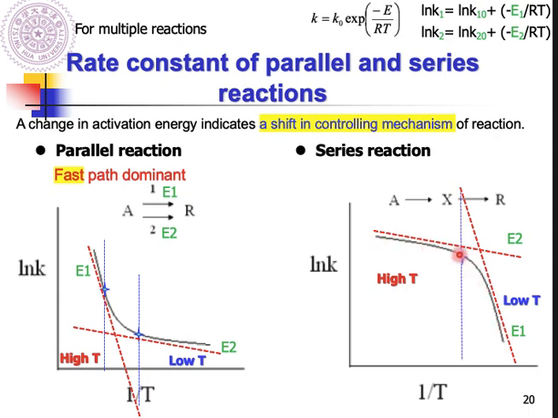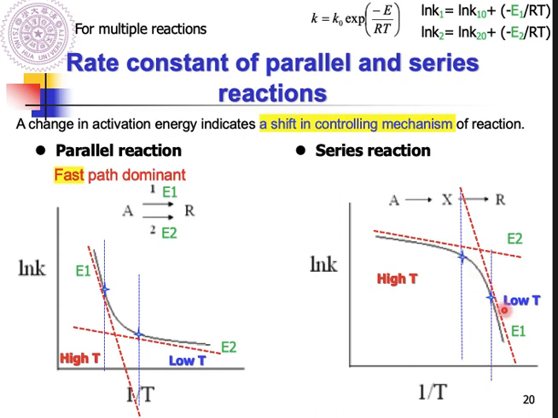At high temperature, the K is more close to reaction 2, and the K in reaction 2 is slower than that in reaction 1. At low temperature, the K is more close to reaction 1, and reaction 1 is the slower one compared to reaction 2 at this specific temperature.